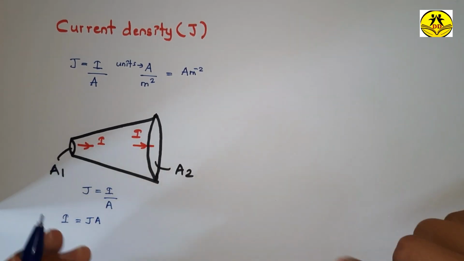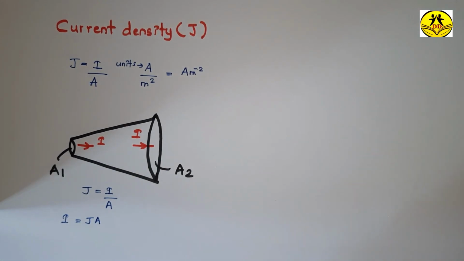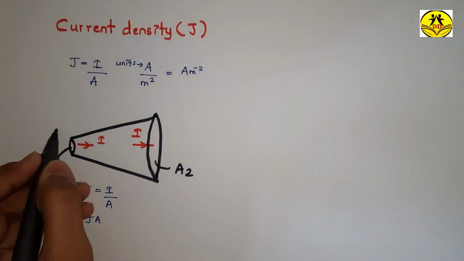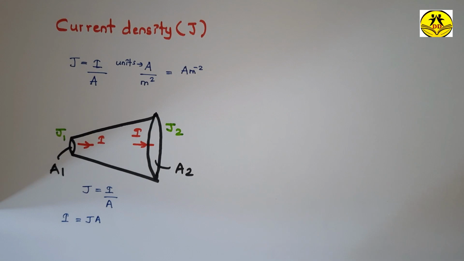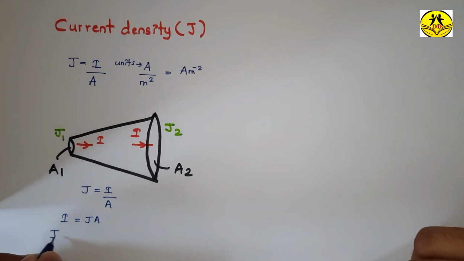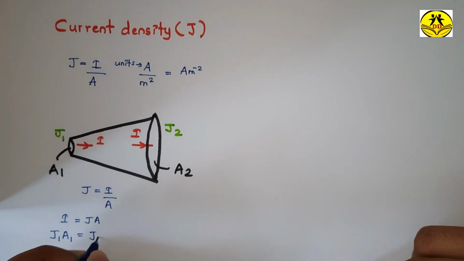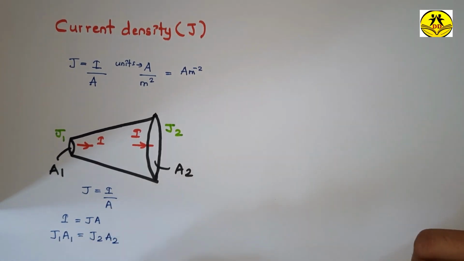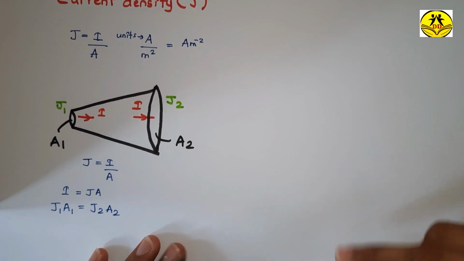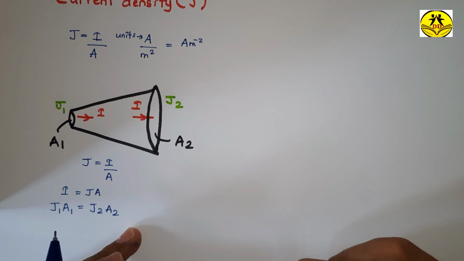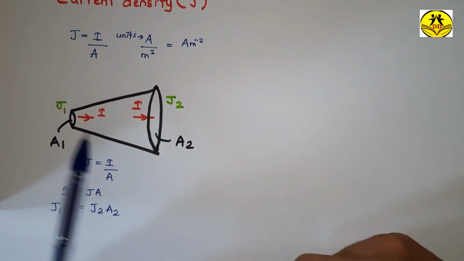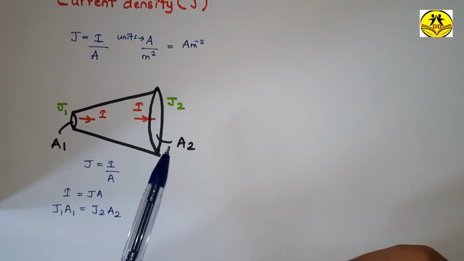So if we consider the current densities as J1 and J2 here, we can write J1A1 equals J2A2. So we can build up a relationship like this when doing sums related to conductors with non-uniform cross sections.